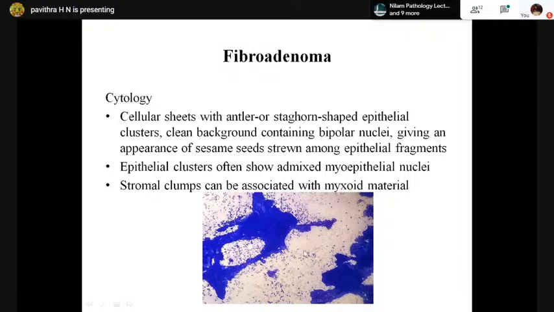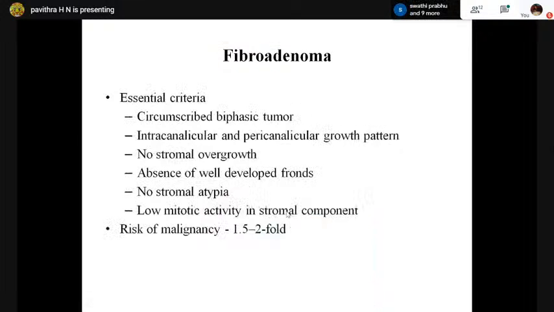They give an appearance of sesame seeds among the epithelial fragments. The single nucleated cells you can see are usually the bipolar cells or bare nuclei. And epithelial clusters often have admixed myoepithelial cells with them, which you can see as dense nucleated cells. And stroma can also be seen in the background with myxoid material.